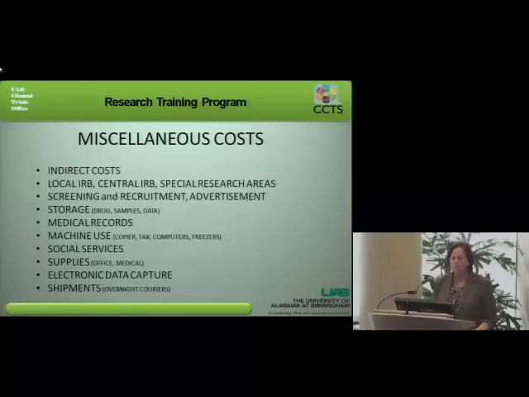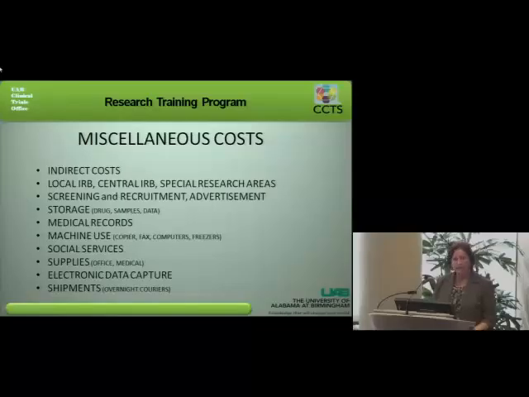What will that cost you? What is storage going to cost you? You may have storage for the drug with the pharmacy. You may be collecting samples for the study. Are they going to want you to store those samples until the end of the study and then ship them out? Then at the end of the study, you're going to need to think about where you will store the study data, because there are multiple requirements for how long you must maintain that data.